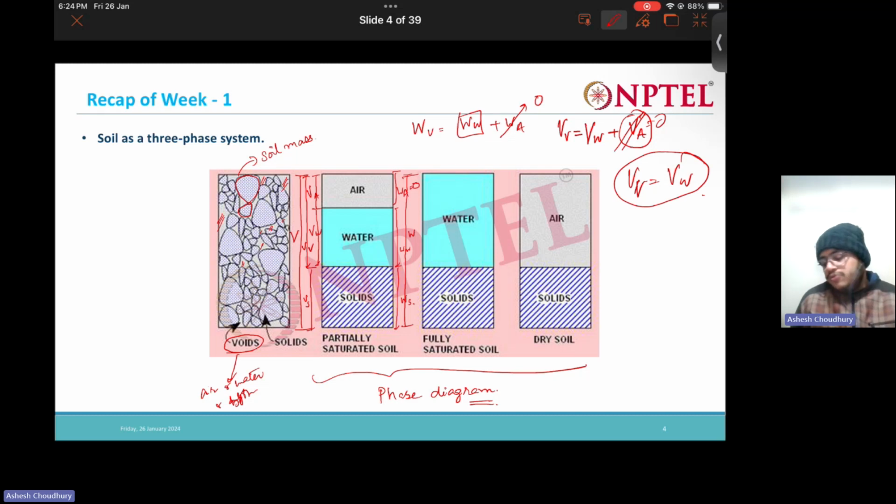Then we call it fully saturated. Okay. And if volume of voids is completely volume of air, then we say this is a dry soil, meaning no water. Right. So these are the three possible scenarios. We can have partially saturated, where in the volume of voids, some portion is occupied by water and some portion by air, or fully saturated, where the total volume of voids is occupied by water, or totally dry soil, where the total volume of voids is occupied by air. All right.